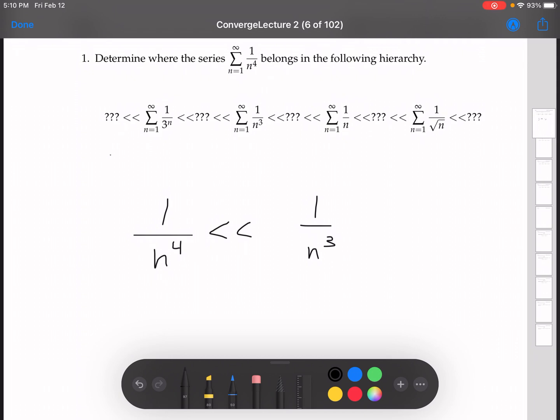Right? So that's the idea. Here we're dividing by more than we are over here. 1 divided by n cubed, you're dividing by a little less, so that's going to be a little bigger than 1 over n to the fourth.